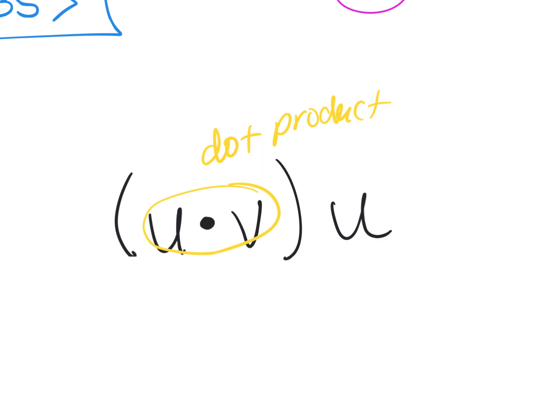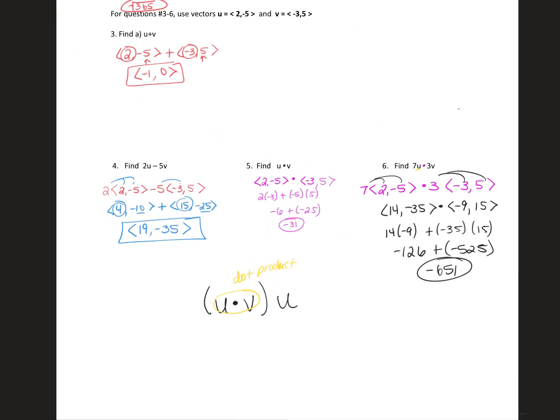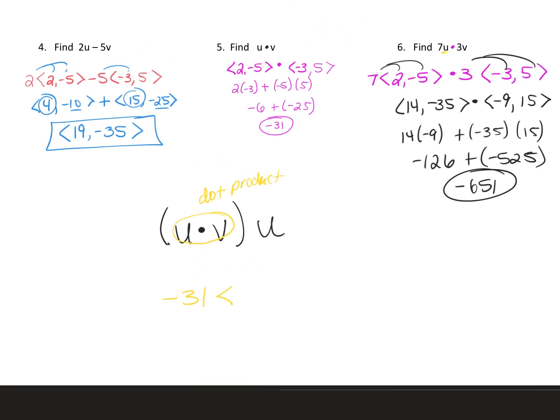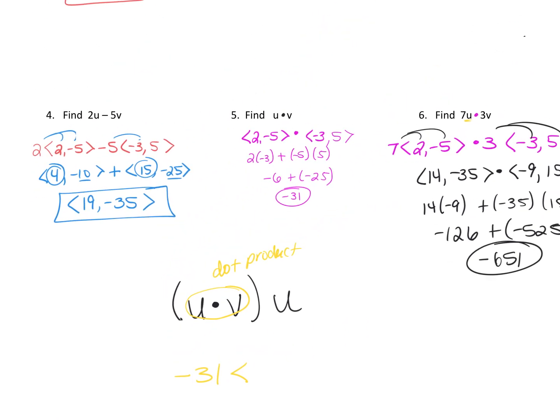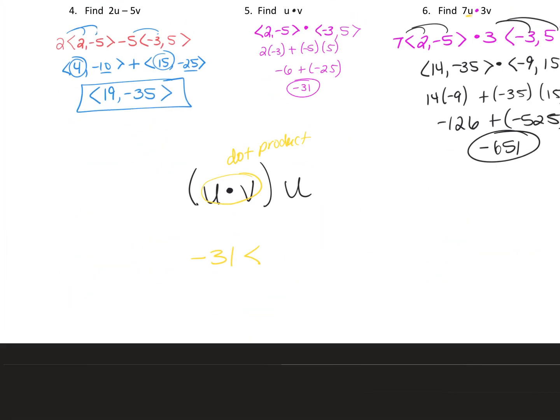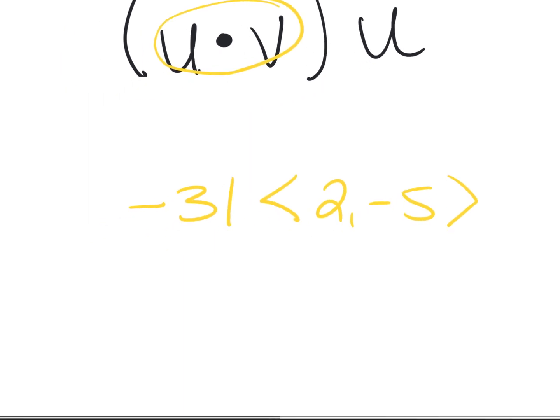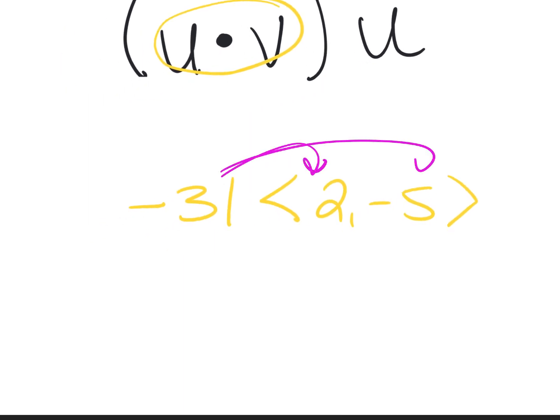So you find that singular value, then you would multiply it into the u vector. So in this case, what was our dot product of uv? Negative 31. So you would take negative 31 and then multiply it into the u vector, 2, negative 5. All right, tomorrow, I will not entertain any questions of, is this what you meant? You guys have to understand the difference there.